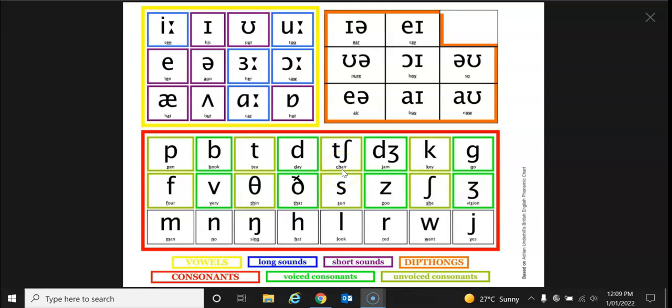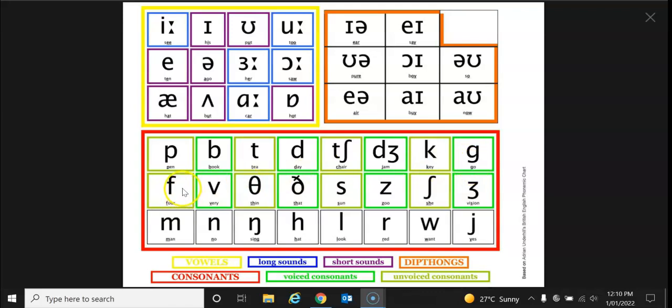And then we add the voice and you have j, j as in jam. The next pair, unvoiced, you have k, k as in key. Add the voice and you have g, g as in go.